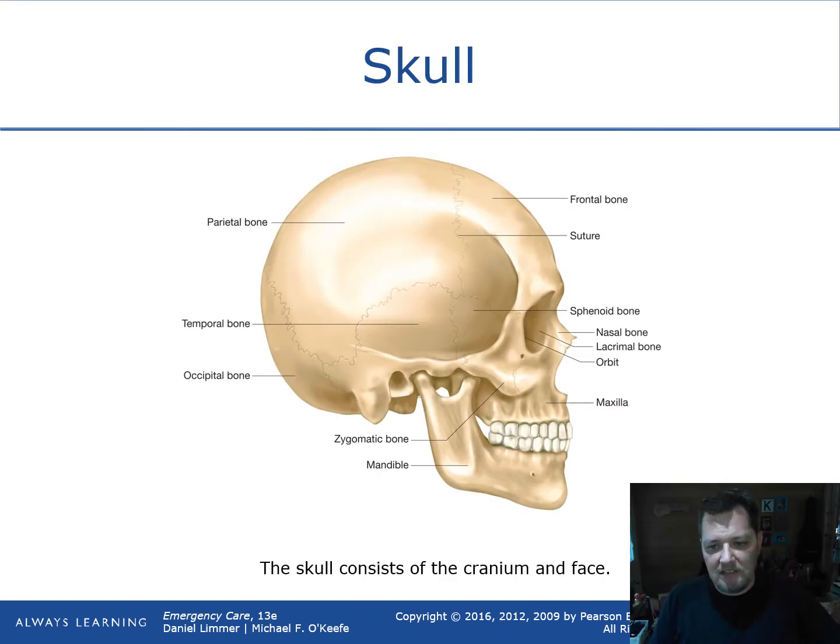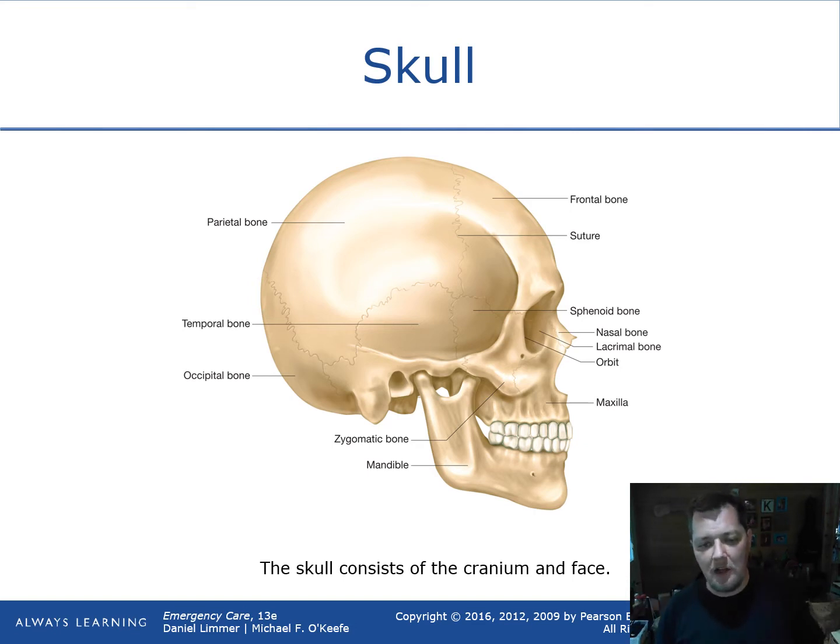So again, this is a picture of the skull. So we've got different bones inside the skull. You've got your parietal bone, which is this right here. These little squiggly lines are fissures in the skull, and they're fused bones together.